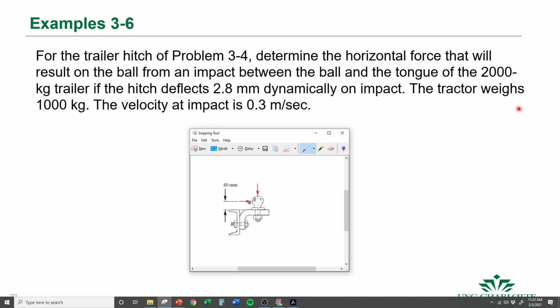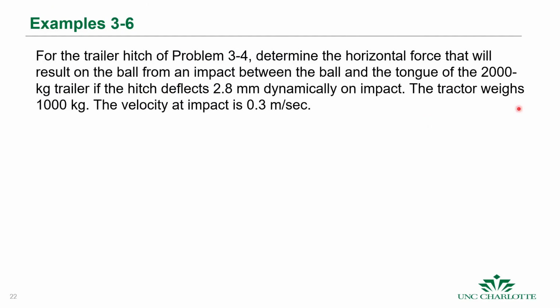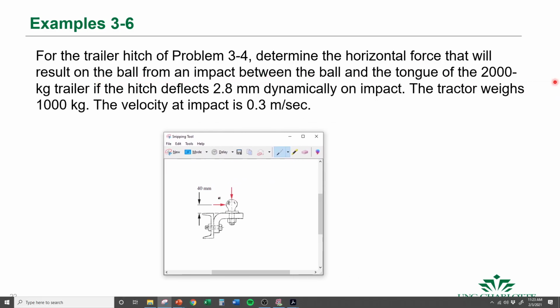It says determine the horizontal force that will result on the ball from an impact between the ball and the tongue of the 200 kilogram trailer if the hitch deflects 2.8 millimeters dynamically on impact. The tractor weighs 1,000 kilograms and the velocity at impact is 0.3 millimeters per second. Okay, so we're going to take a look at that.